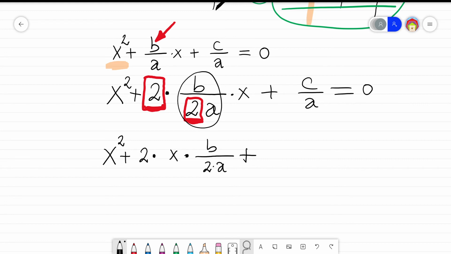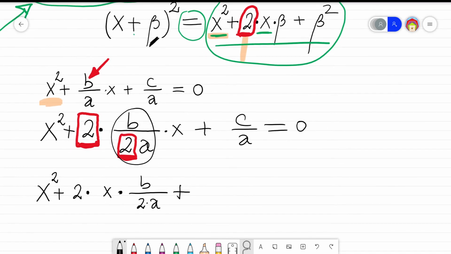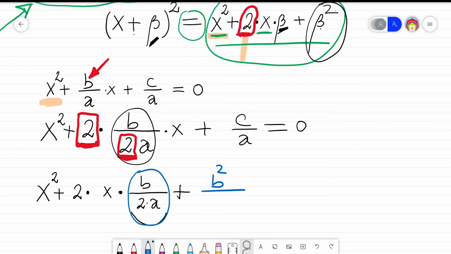And now, if I want to apply this formula, I still need to have the square of that thing. That thing is all this, and I need the square of that. So I need it. I put it. What is the square of this? This is a fraction. To square a fraction, we square the numerator and denominator, and that is giving you that thing.